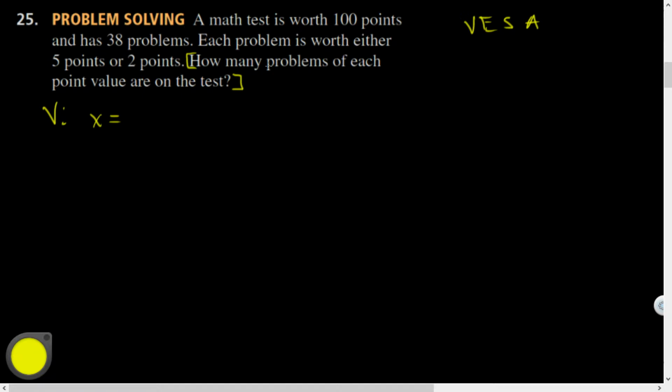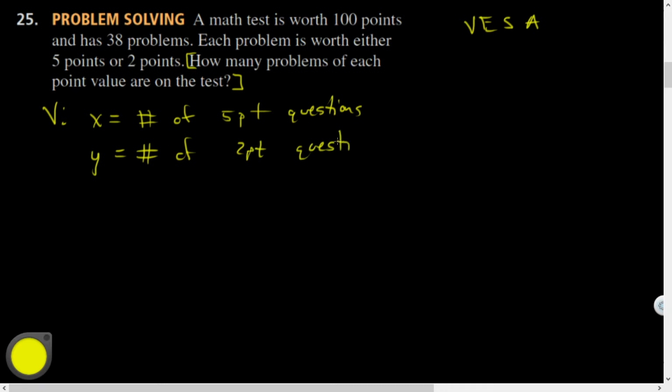But here I can. So how many problems of each point value are on the test? X will be the number of 5-point questions. So this is a quantity, a how many variable. And Y will be the number of 2-point questions.